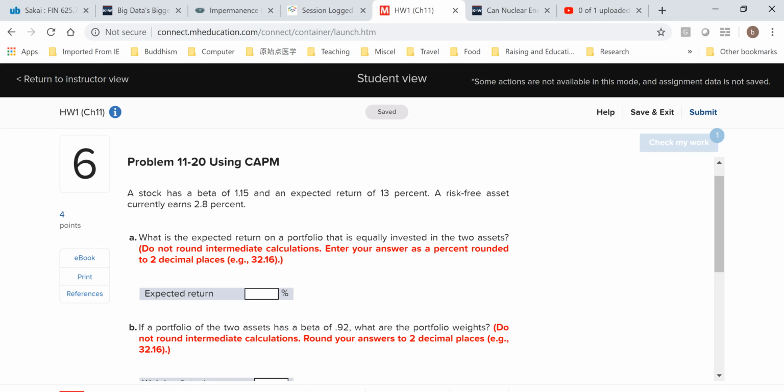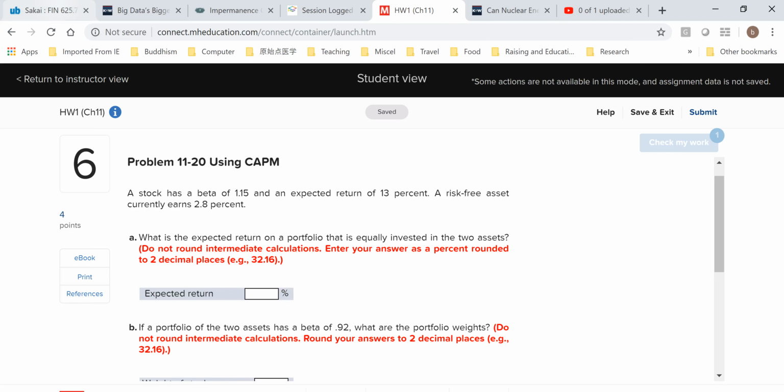So the expected return on a portfolio is the weighted average of the returns of the individual assets within that portfolio.